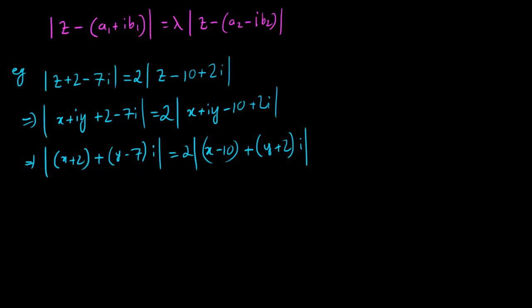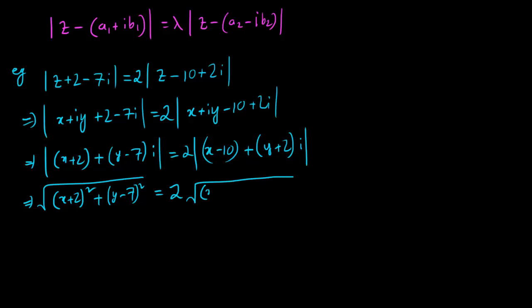Now the modulus is going to be the square root of the real portion whole squared plus the imaginary portion whole squared, and this is going to be the square root of the real portion whole squared plus the imaginary portion whole squared. Now if we send this square root to the other side, the whole thing becomes squared.